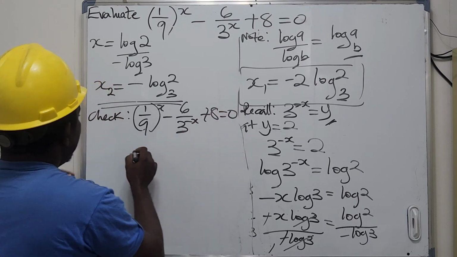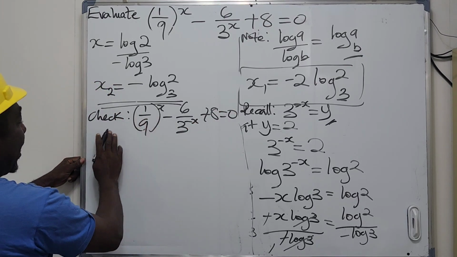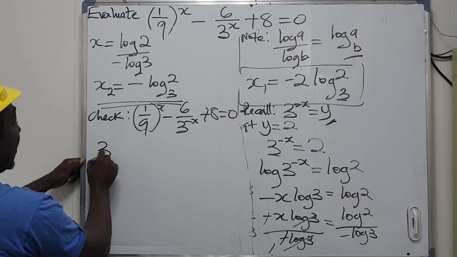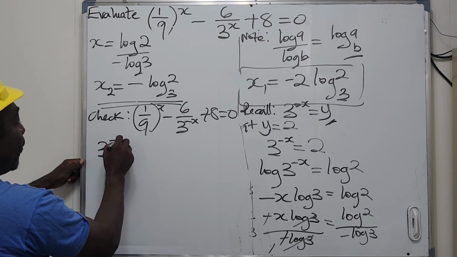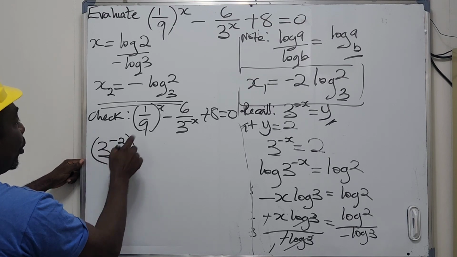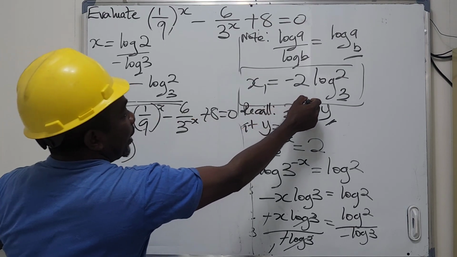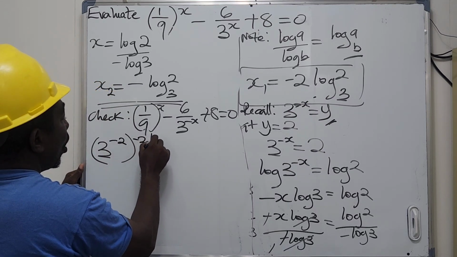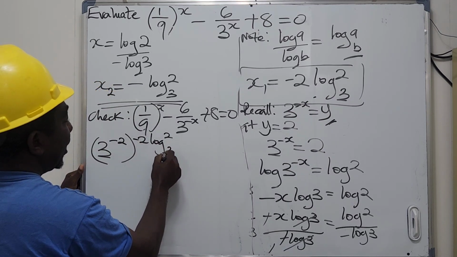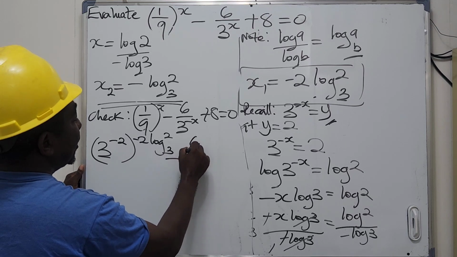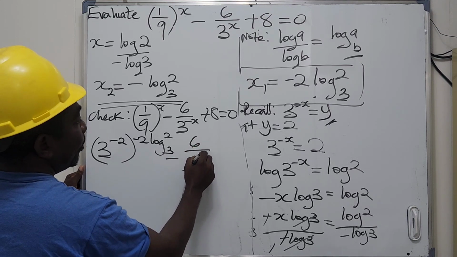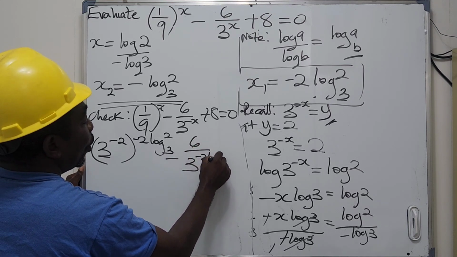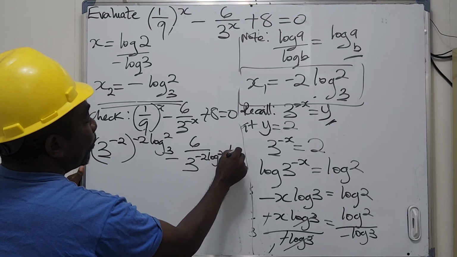Let's find out. Then we have 1 all over 9, which is still the same thing as 3 to the power of minus 2, all to the power of, let's take this at x equals minus 2 log 2 base 3. Then we have minus 6 all over 3 to the power of minus 2 log 2 base 3, plus 8.